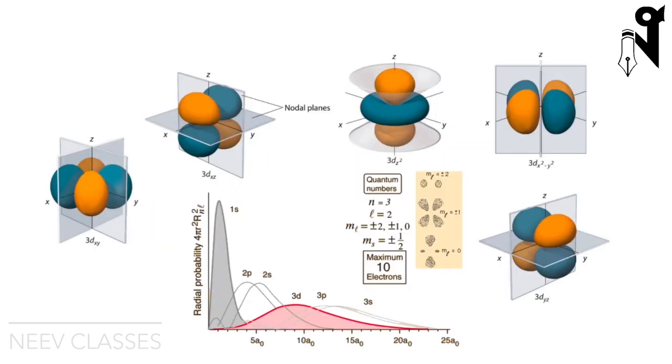Now comes D. As I have shown you, it is a double dumbbell. So D has its first appearance in 3. Going by the logic of first appearance, let me just draw something for you.